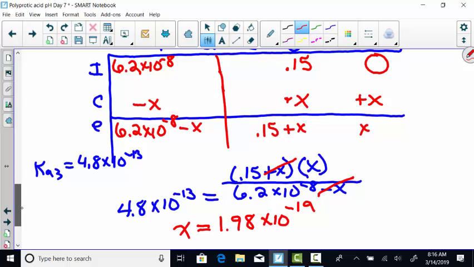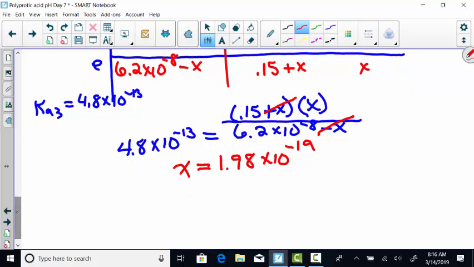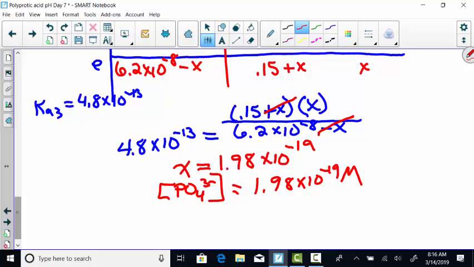Now, that becomes a really small number. But remember that x is also our PO4 3 minus concentration. So that is 1.98 times 10 to the minus 19th molar. But you also have to do a little bit of thinking, because if that x is really small and I subtract it from that, then that concentration really doesn't change.